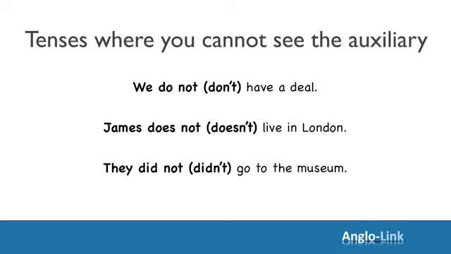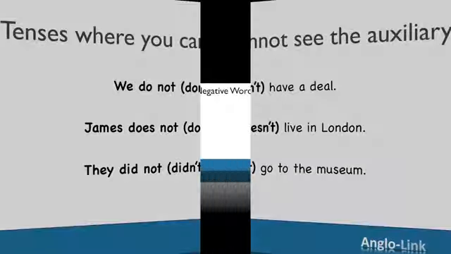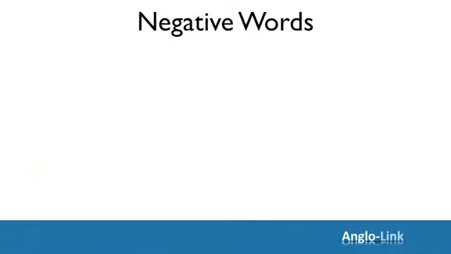Right, this has given you a good idea of how to formulate negative sentences with different tenses. Let's move on to negative words, which is another way of making a sentence negative, changing a positive word in the sentence to a negative word.